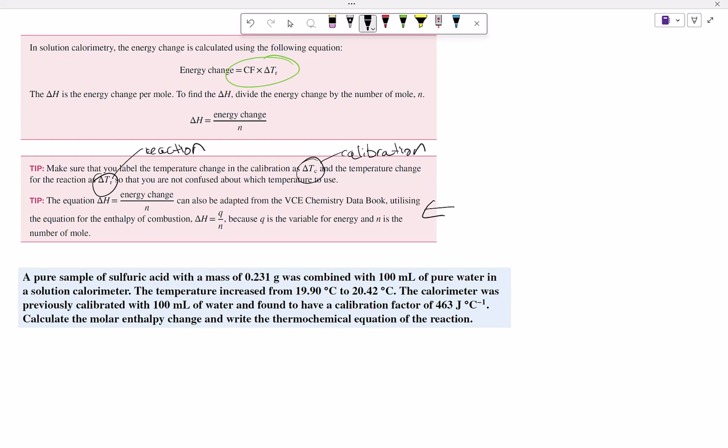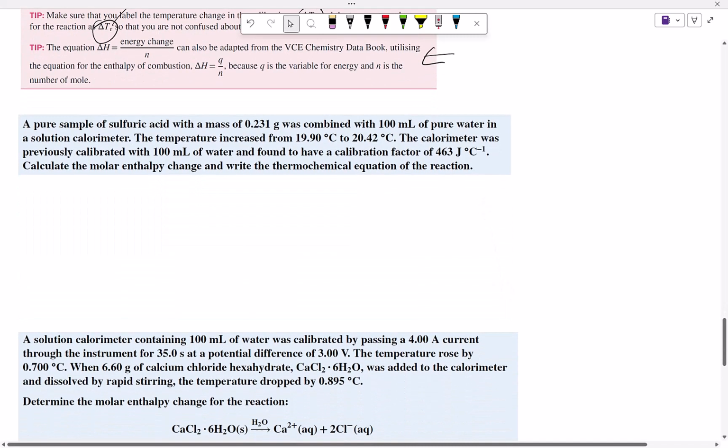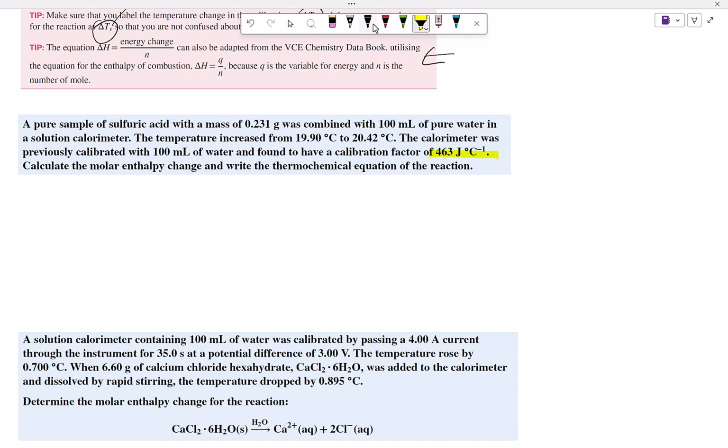In this question we're going to go through here, one of the key things is we've already been provided with the calibration factor, which is always nice to have because we don't have to calculate it. So we can make a note that the calibration factor is 463 joules per degree centigrade. We can work out the energy change.